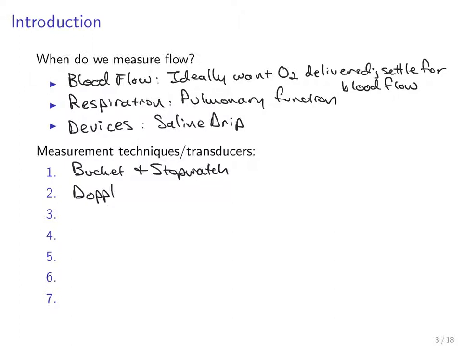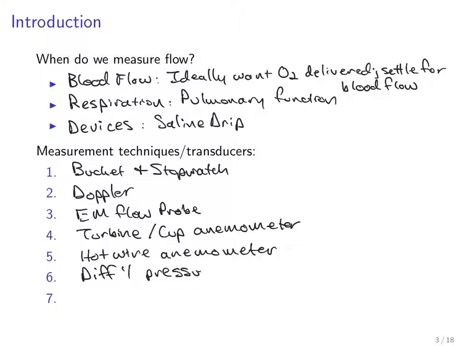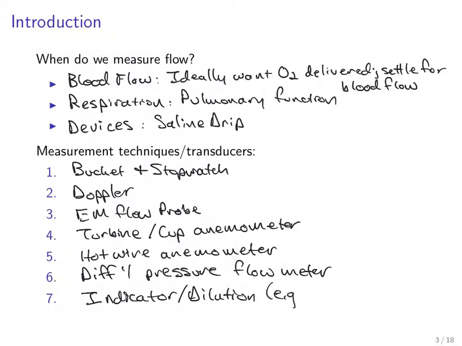Second is Doppler, an electromagnetic flow probe, a turbine cup anemometer, a hot wire anemometer, a differential pressure flow meter, and then in the next lecture we'll talk about indicator dilution, or Fick technique, which is specifically a method for measuring blood flow for cardiac function.